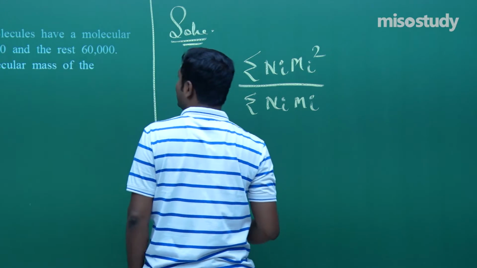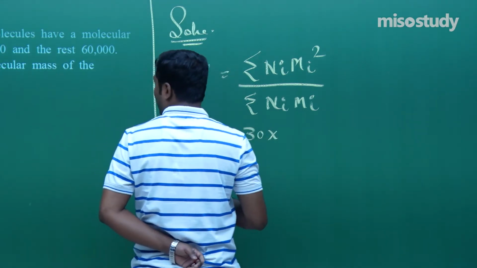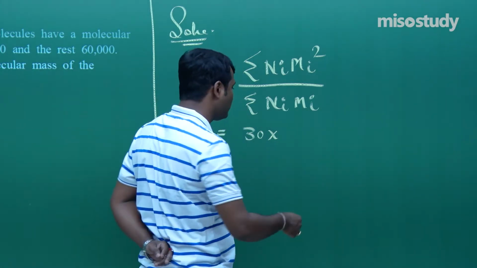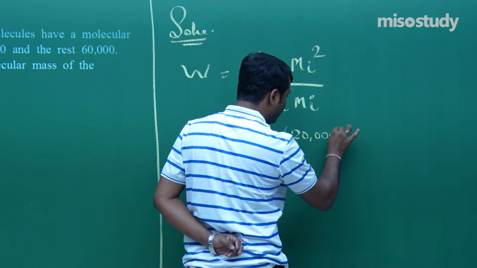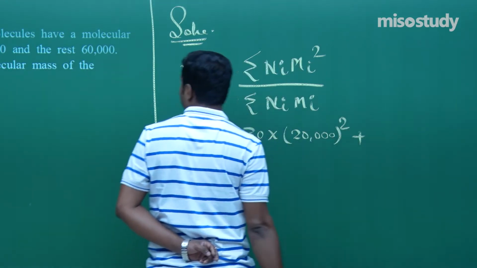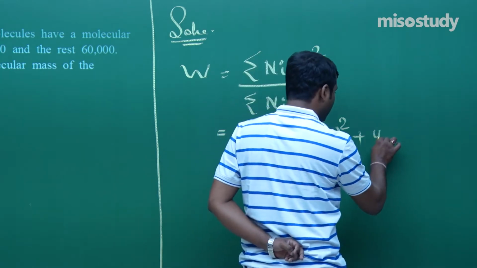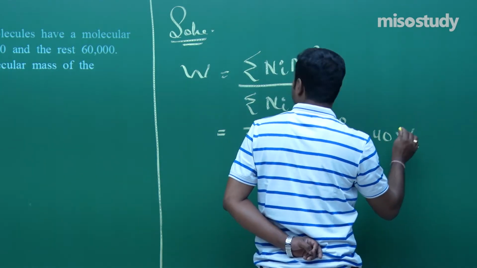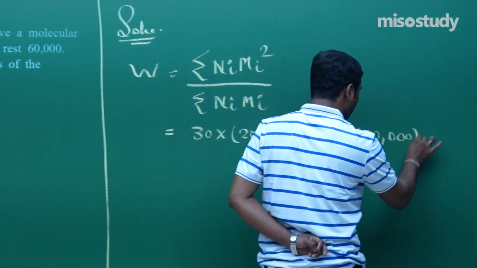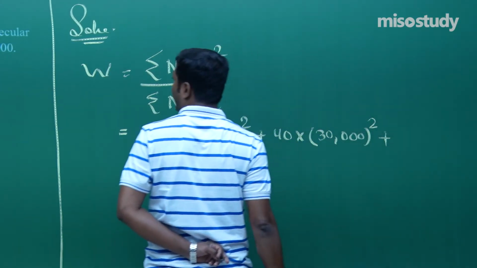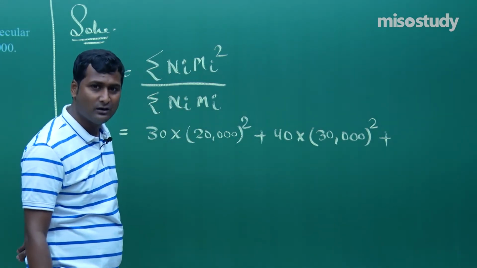Put here N as 30% for the first case: 30 into Mi, which is 20,000, squared. The second one is 40%, so 40 multiplied by 30,000 squared, plus the rest.